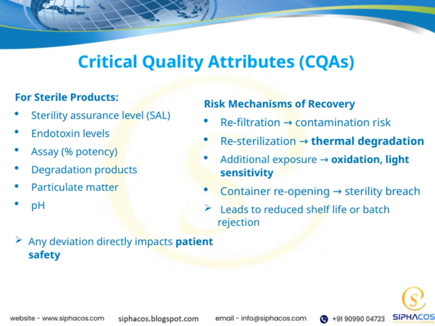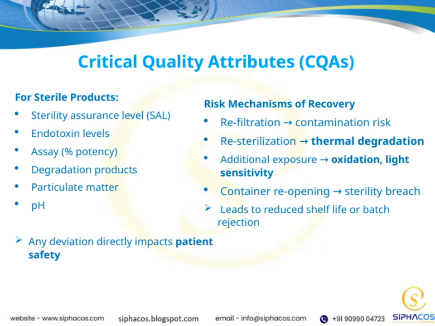Additional exposure during handling or storage can cause oxidation or increase light sensitivity, which may compromise the stability of the product. Reopening the container also poses a risk of breaching sterility, which can introduce contaminants. All of these factors ultimately lead to a reduced shelf life or even batch rejection, highlighting the importance of strict control measures.